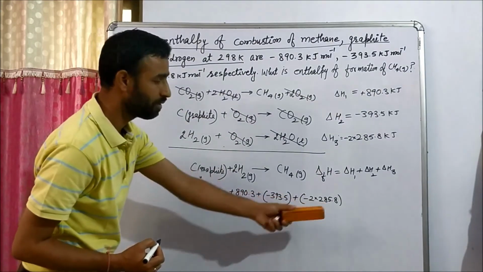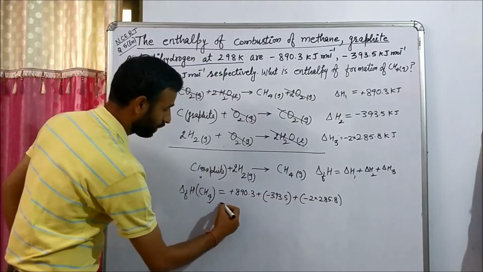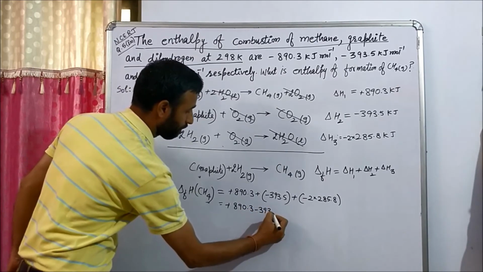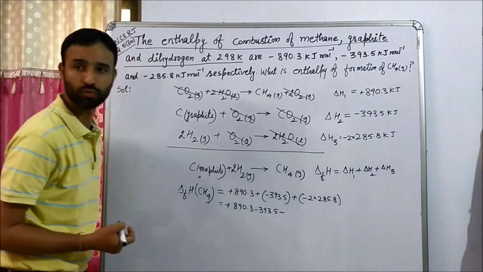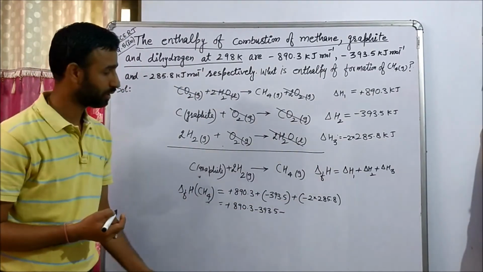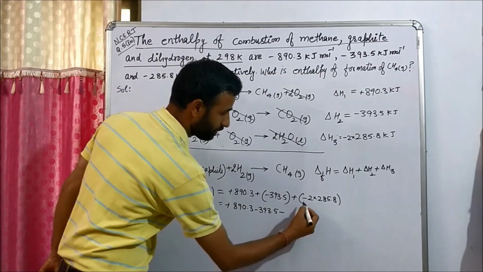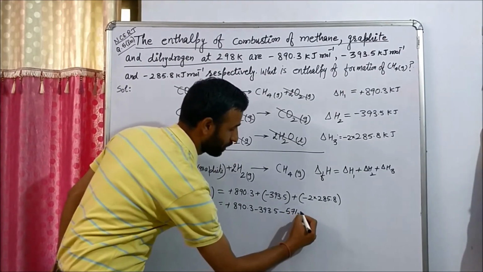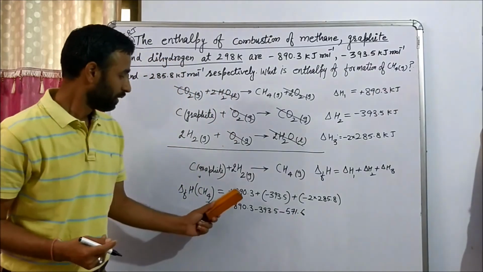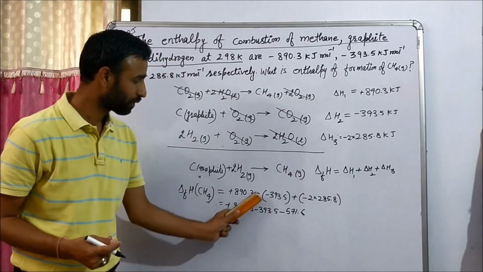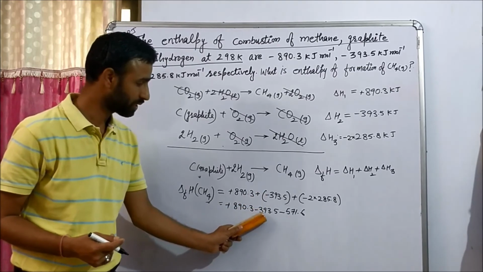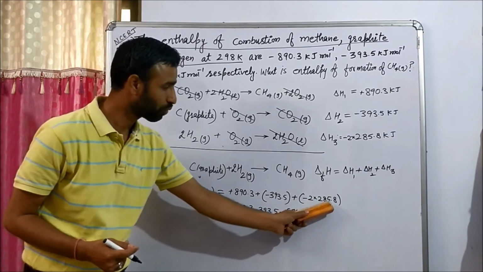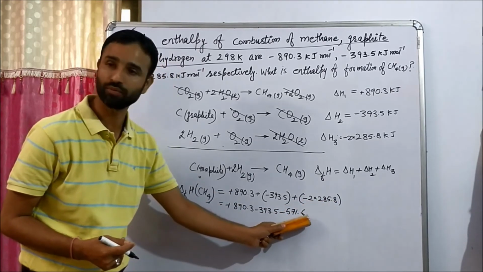And when we add these we get, what is the value? 285.8 into 2 is 571.6.